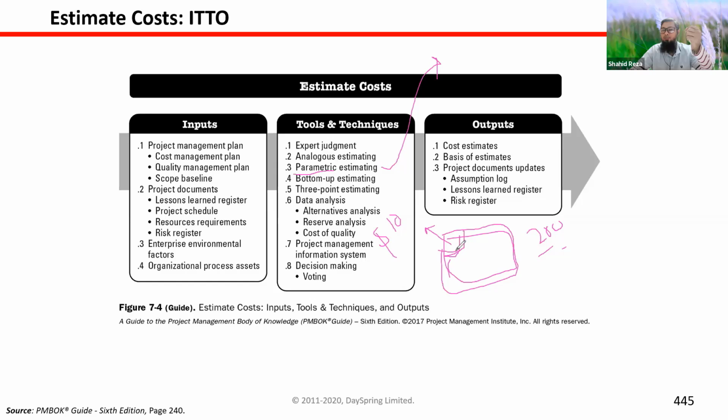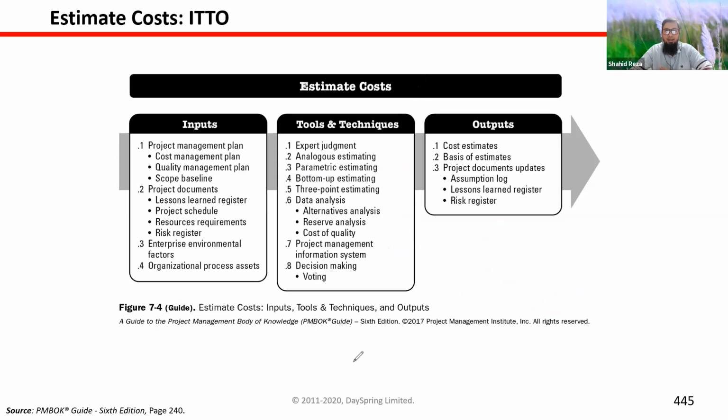If we just multiply by 20, we can find out it will take $4,000 to put all the new tiles on this floor. So that is known as parametric estimating.